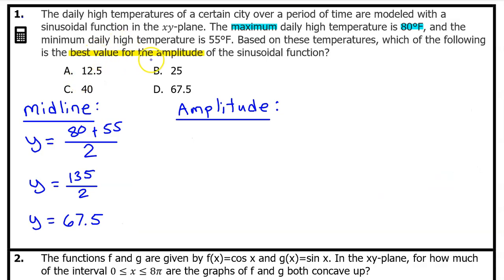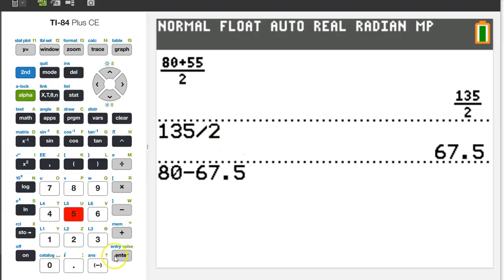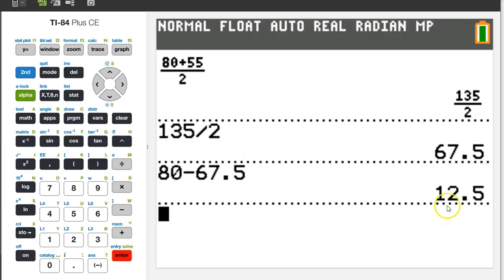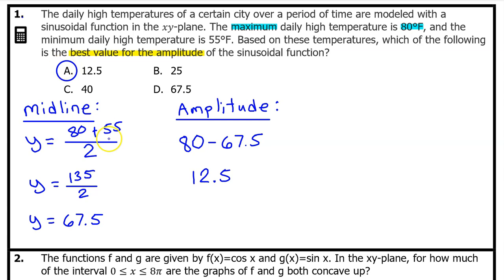Our goal is to find the amplitude, which is the maximum value minus the midline. So the amplitude will be 80 minus 67.5. That's 12.5. So the answer is A.